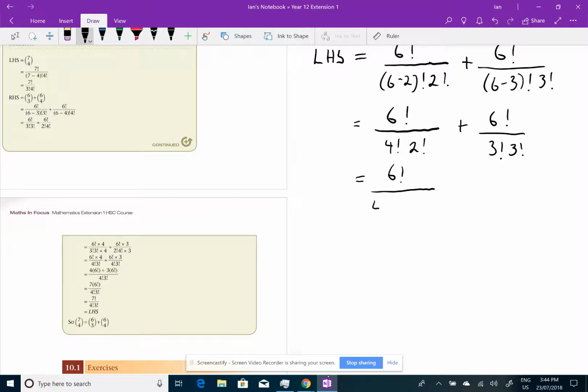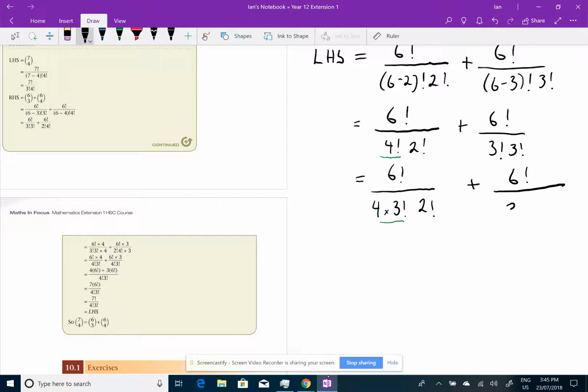I'm going to take that 4 out of that. I'm going to write that as 4 times 3 factorial. Remember we talked about that? That 4 factorial is 4 times 3 factorial. That's all I've done. I'm going to leave the 2 factorial alone. I'm going to leave myself a bit of space because I'm going to do something in red in a minute. Now here I've got my 6 factorial.